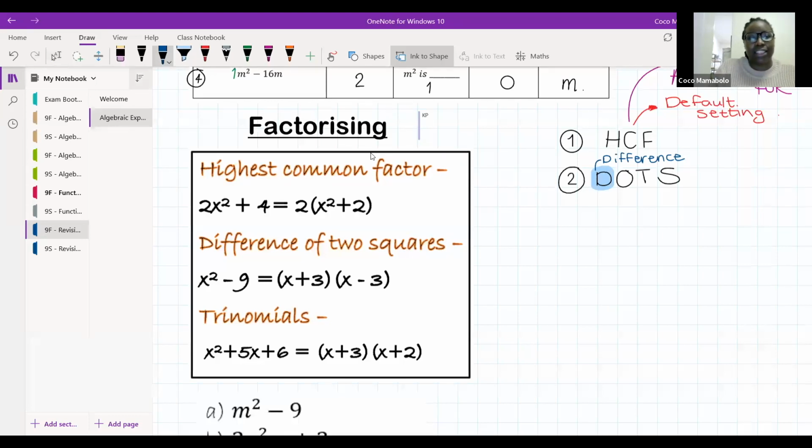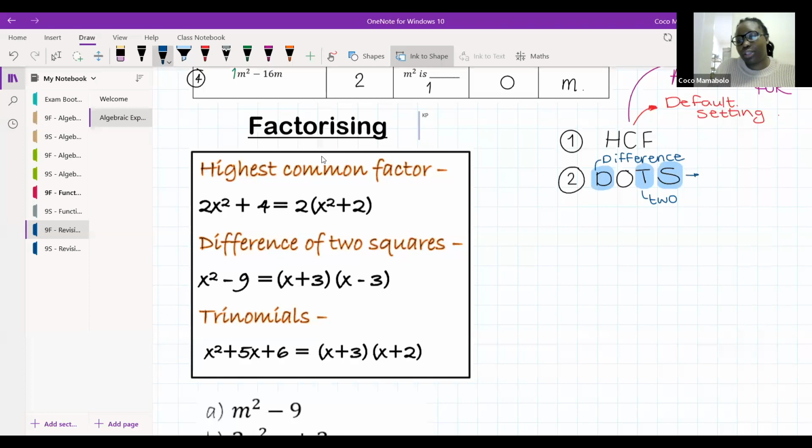It means minus. Right. Then the next thing we're going to note is that the T stands for 2, and then the S stands for squares.